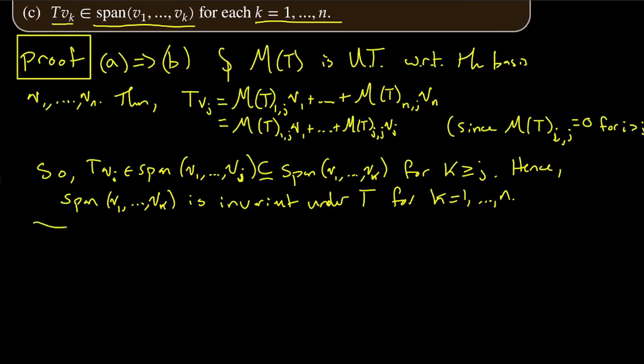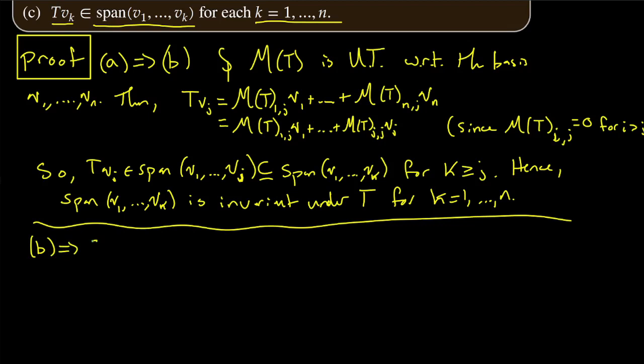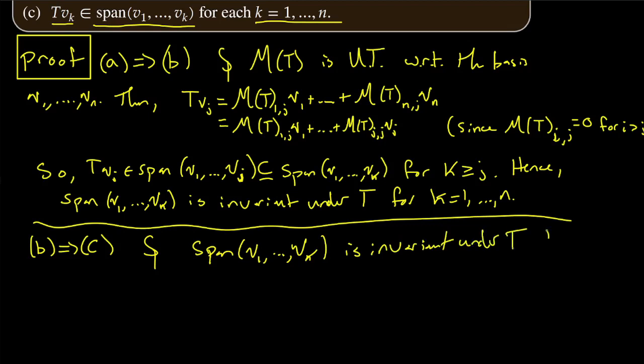Okay, cool. Now let's do B implies C. Suppose the span of v1 through vk is invariant under T for k between 1 and n.